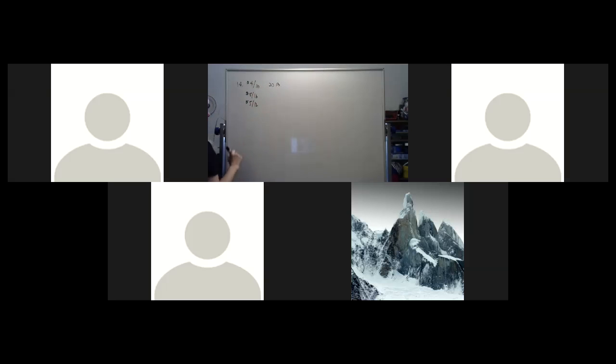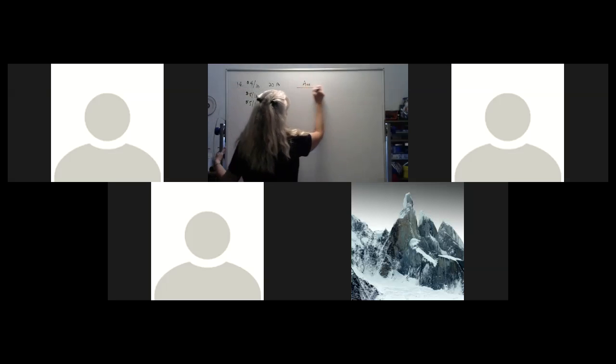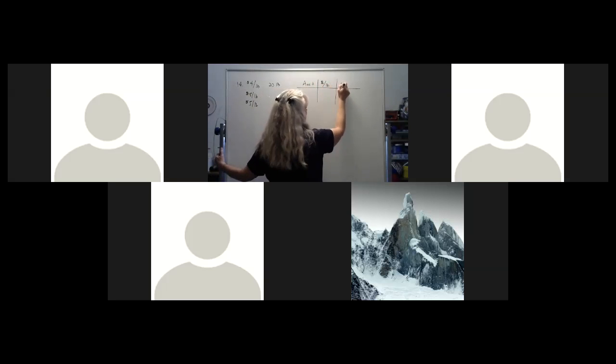Okay. So this is a mixture problem like the nut problem we worked, or like the coffee problem that we did earlier also. So we're going to do an amount. We're going to do the price per pound, so dollars per pound. And then in the last column, we'll multiply those two together. So amount times dollar per pound.